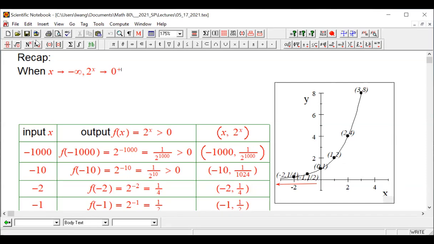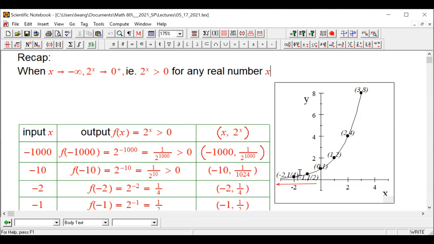So it will never be 0. That is, we're trying to say that 2 to the power of x is always positive for any real number x. This picture tells us that for whatever negative input, the output is always going to be positive.